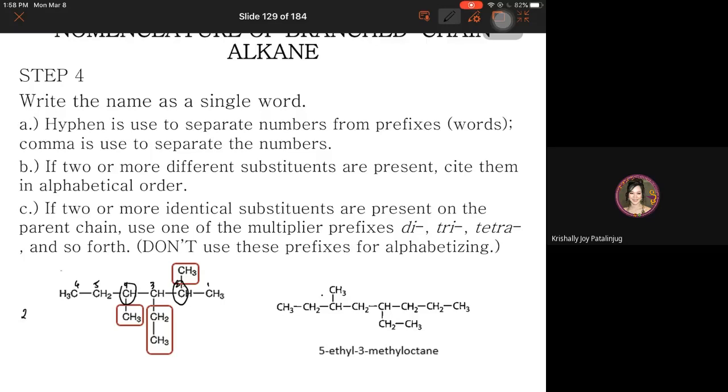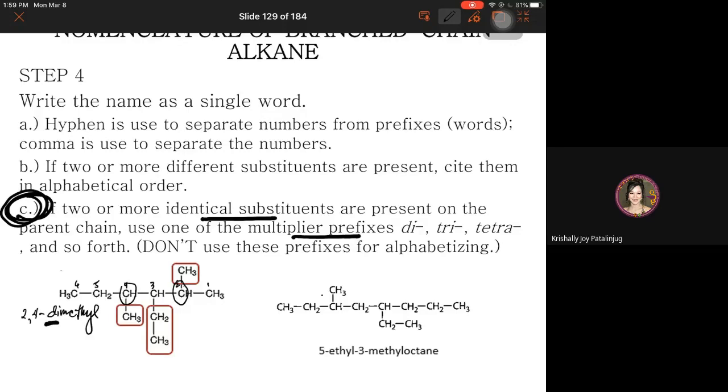Take note, letter C: 2 or more identical substituents present, use a multiplier prefix. So, naay the same, naay identical substituent in a form of methyl. Okay? So, you have to use multiplier prefixes here. So, we have a 2 and 4 dimethyl.